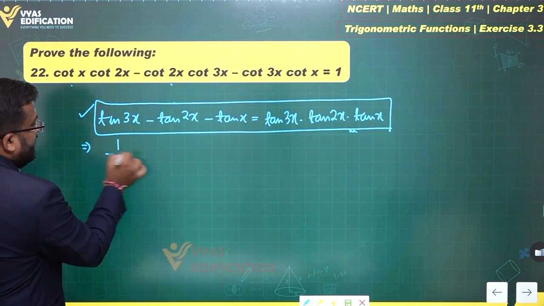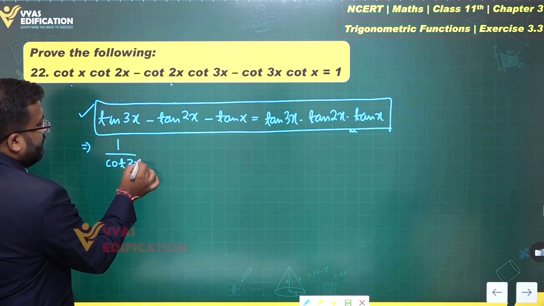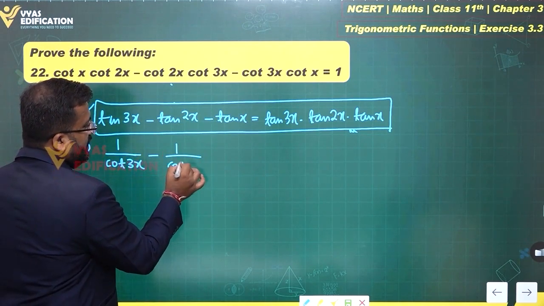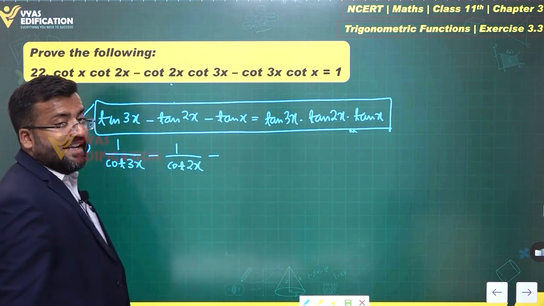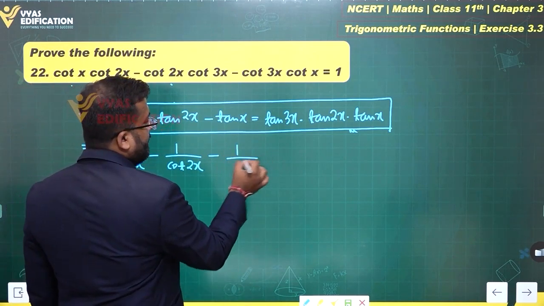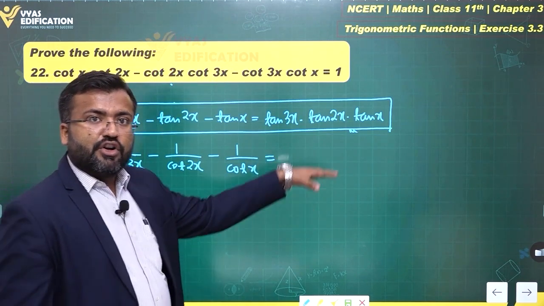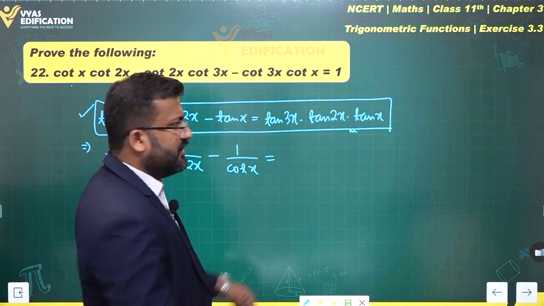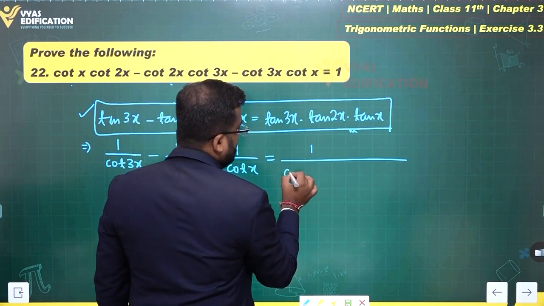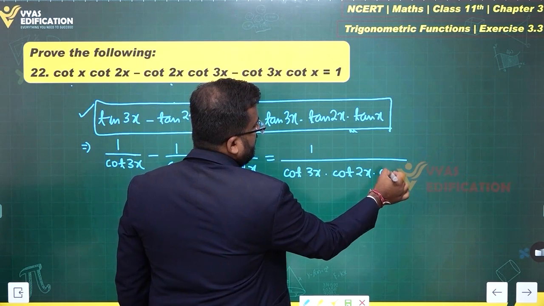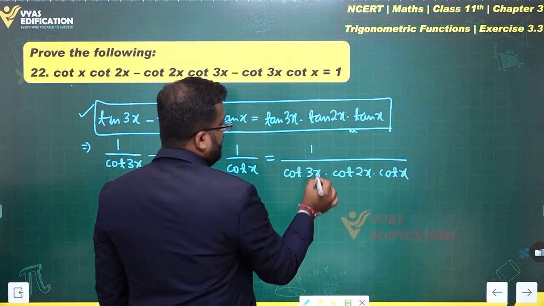Tan 3x can be written as 1 upon cot 3x, minus tan 2x, which is 1 upon cot 2x, minus tan x, which is 1 upon cot x. This is further equal to 1 upon cot 3x, cot 2x, cot x in the denominator.